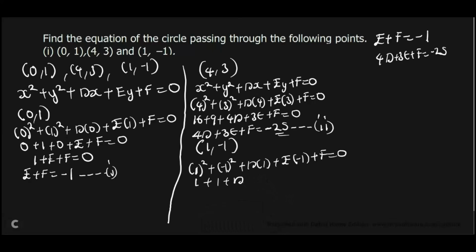So that is negative e plus f equal to 0. So in this situation, we have d minus e plus f equal to, when you add those, it will give you -2. So you have d, then minus e, then plus f equal to -2. So those are the 3 equations, right?